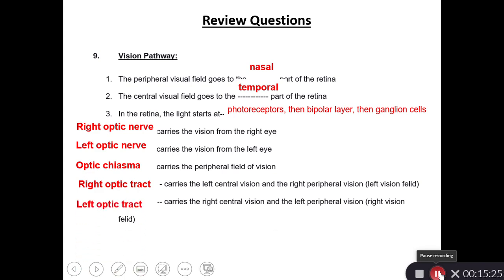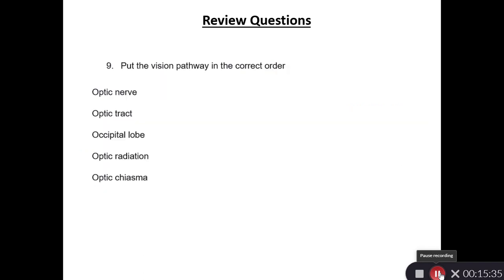So your right vision field is carried by the left optic tract and the left vision field is carried by the right optic tract.